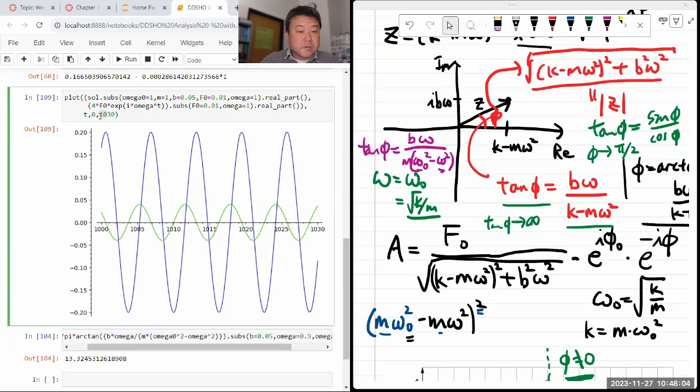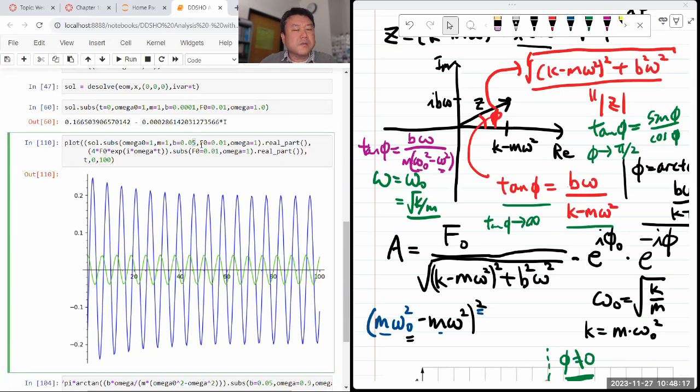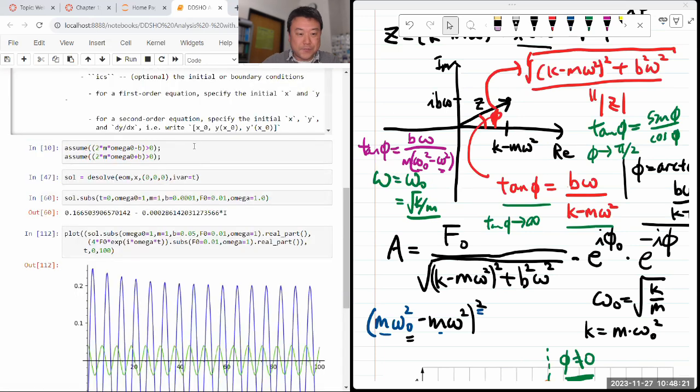Sorry, 1 second. This response feels small. No, I guess that's right. 0.2 is, I think, the right value with damping factor of 0.05. Yeah, okay. Just confusing myself.